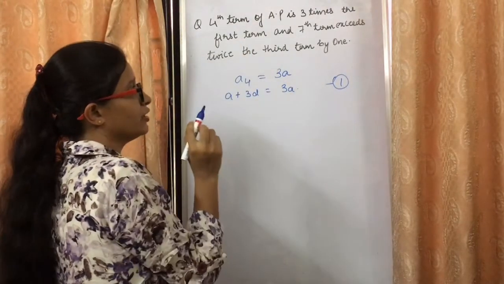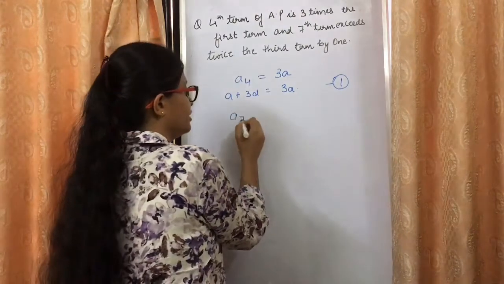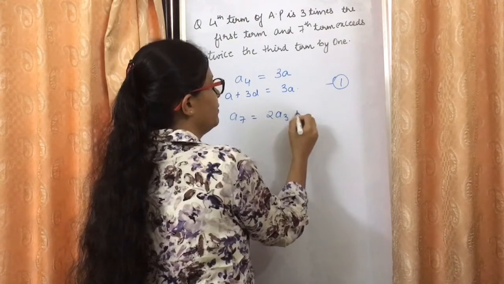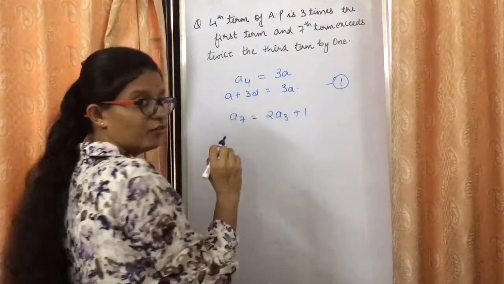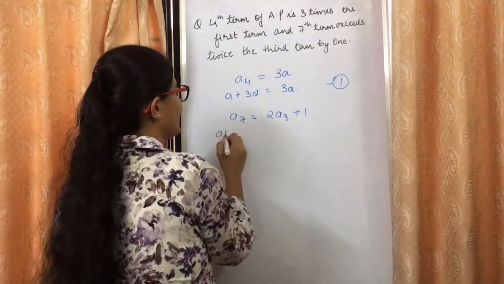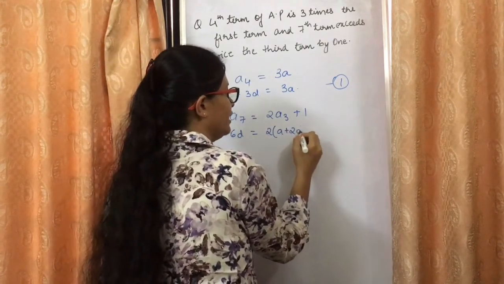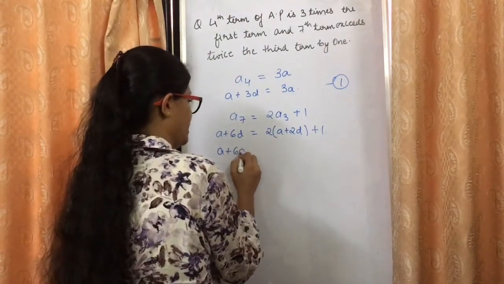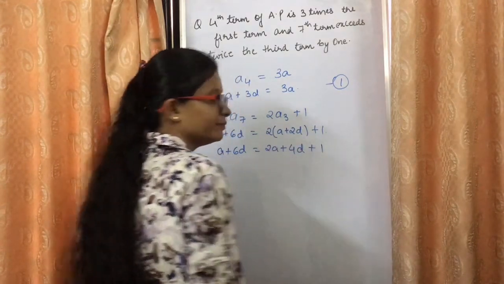Now the information given to us is that the 7th term exceeds twice the third term by 1. If you convert this into A and D form, you will get A plus 6D is equals to twice into A plus 2D, plus 1. So A plus 6D is equals to 2A plus 4D plus 1.